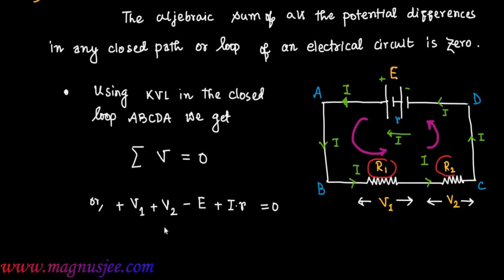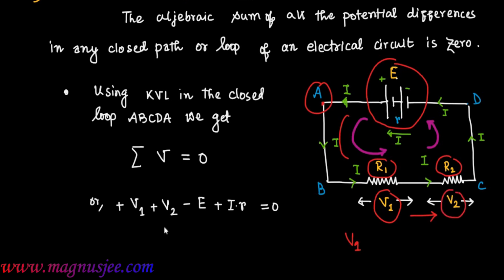We have R1 and R2 as external resistances and a battery of EMF E existing in the loop. We are traveling from A to B and also from B to C, and current I is also flowing in the same direction.